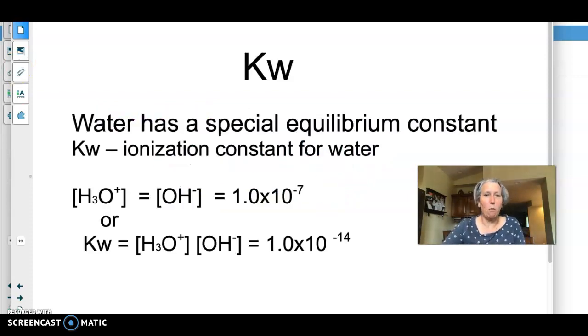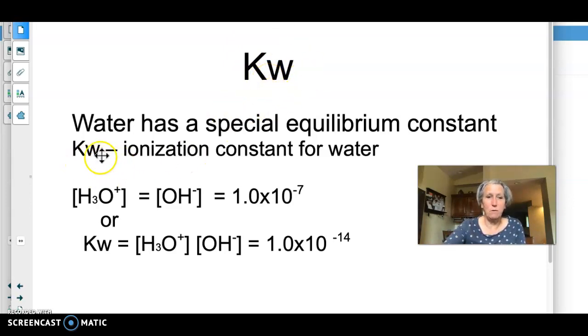Okay, and this is an important piece, and you may have heard this in the earlier video: we can keep track of the hydrogen and hydroxide ion concentrations in aqueous species by understanding what we call the Kw. The Kw is a special Keq.